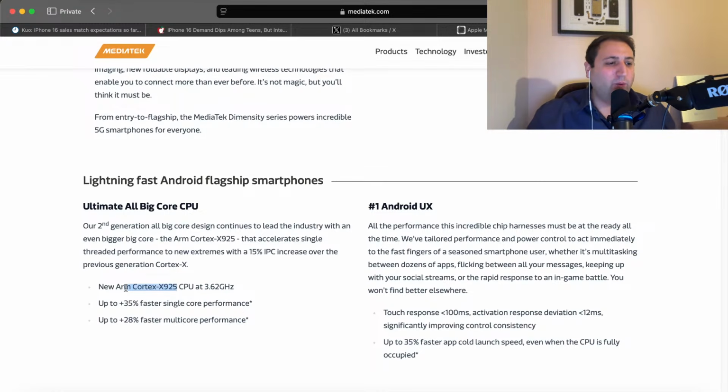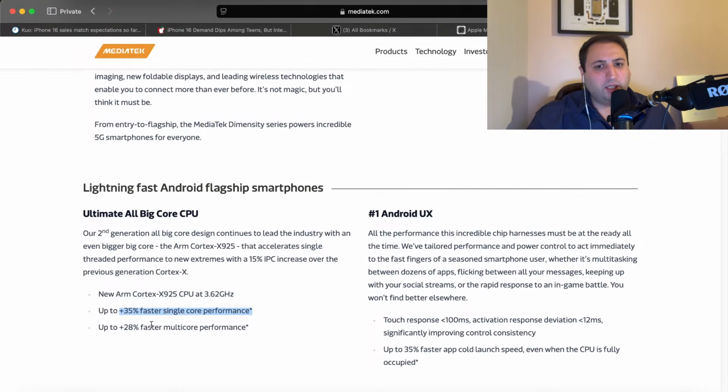That's of course kind of an off-the-shelf design from ARM themselves. And interestingly, they do promise a higher single-core boost of 35% than a multi-core boost of 28%. Of course, don't forget they are jumping here from N4P to the N3E node.